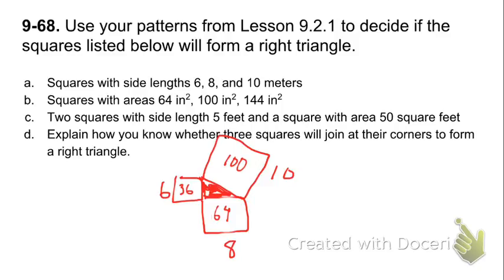Now what I do notice is that the two smaller areas, 36 plus 64, do in fact equal 100. So the sum of the two smaller squares equals the area of the final. Therefore, A is a right triangle.